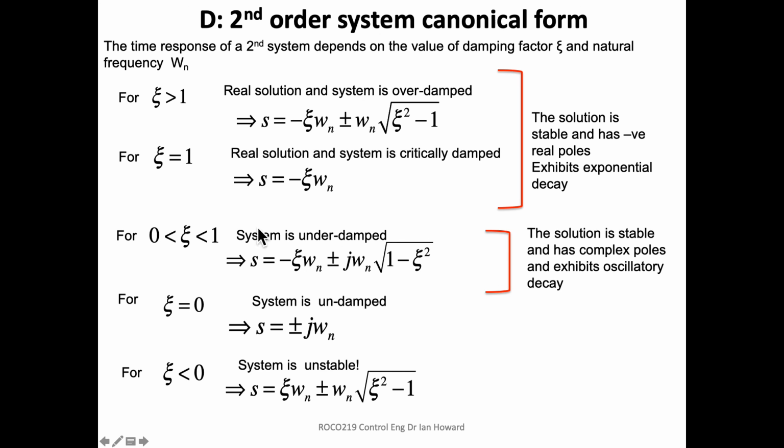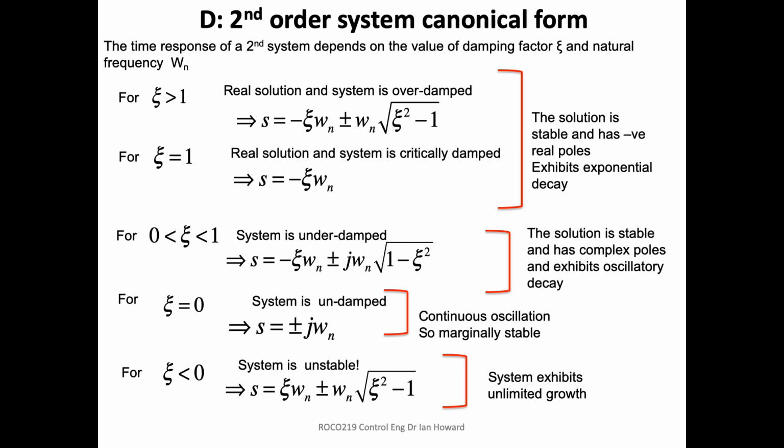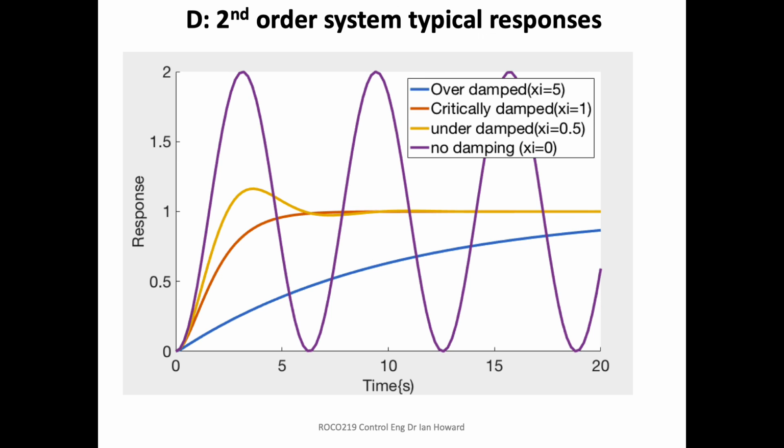So we have an exponential decay envelope on our oscillatory signals. If we've got no damping at all, then we've just purely got an oscillatory system. So we'd say that was marginally stable. And if we've got a positive value of a real part of S, then that means that we're going to get exponential growth. Therefore, the system is unstable.